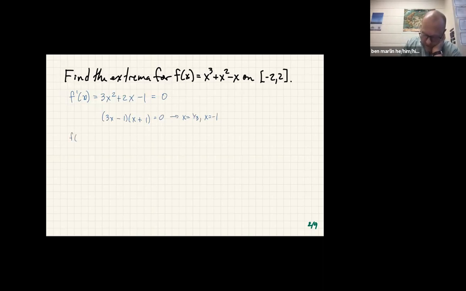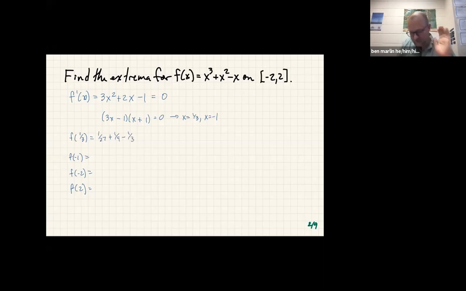We're going to say f of 1/3. We're going to say f of -1, because those are both in the interval. If they weren't in the interval, we would just throw them out. But we also have to say f of -2 and f of +2, because those are the endpoints for this interval. So f of 1/3 is 1/27 plus 1/9 minus 1/3.